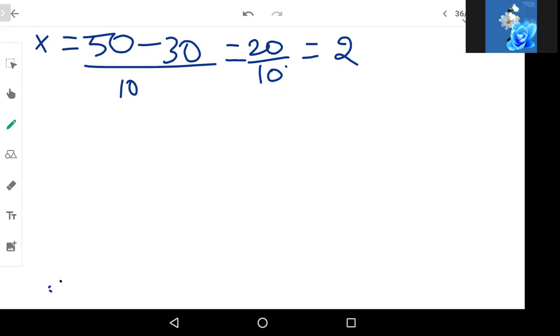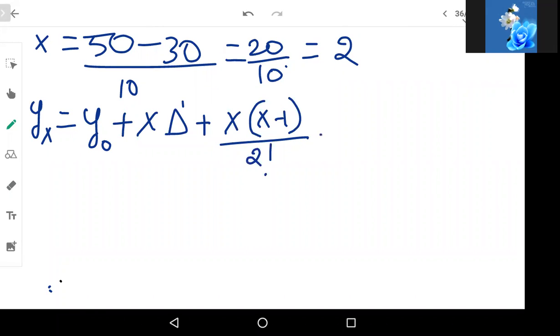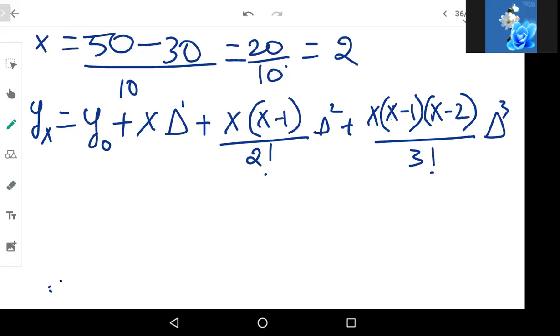Okay. Now write down the formula to find yx. yx is equal to y0 plus x into the first leading difference, plus x into x minus 1 divided by 2 factorial into the second leading difference, plus x into x minus 1 into x minus 2 divided by 3 factorial into the third leading difference.